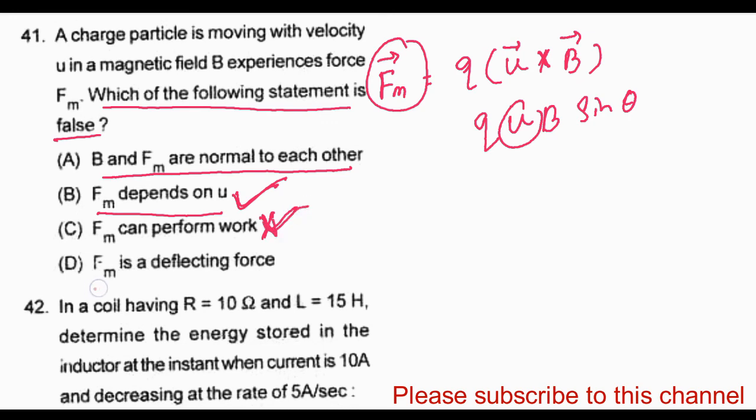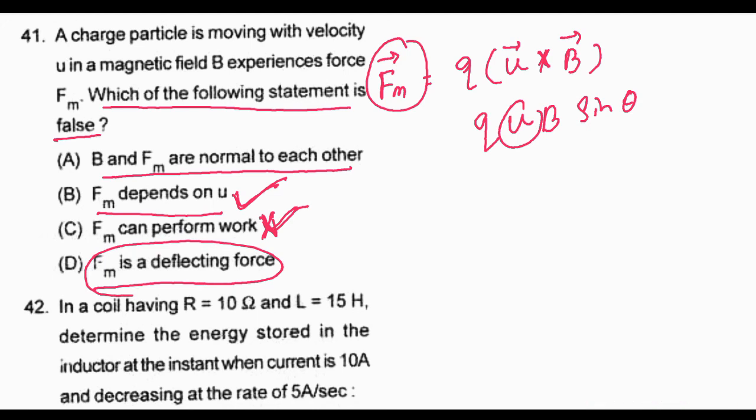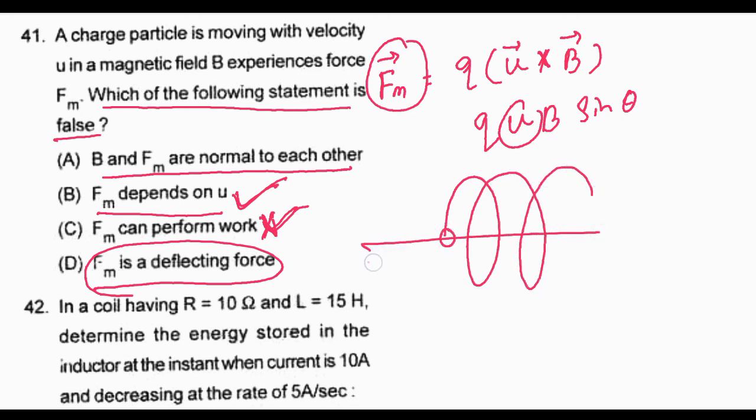Next, Fm is a deflecting force, because the force causes the charge to move in a spiral manner. That means like this. Suppose this one is a charge and this one is the magnetic field, and this will be like this.